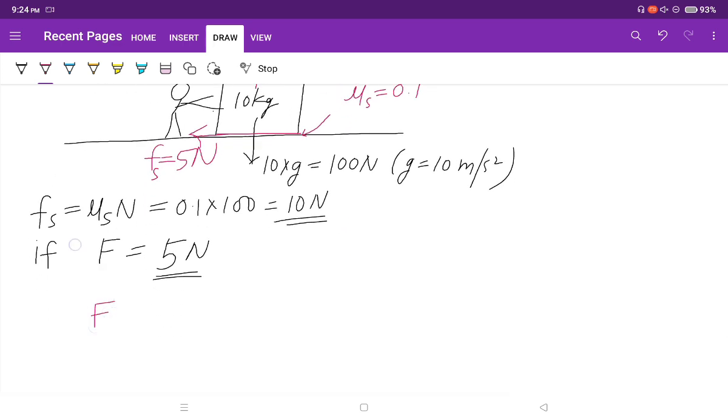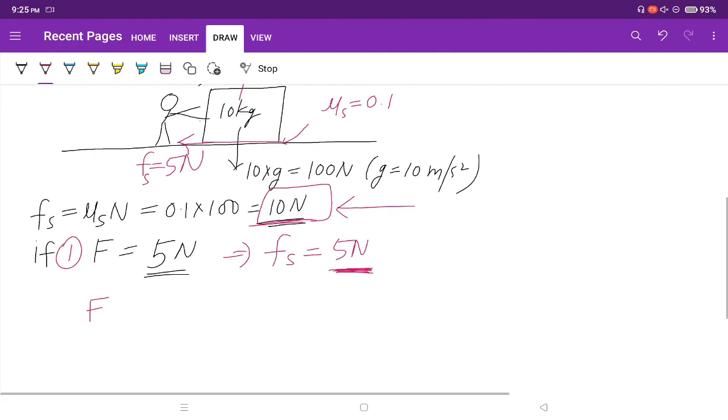Now we have case 1: if F equals 5 newton, it implies Fs equals 5 newton, right? Though the total friction here is 10 newtons, if you push the block with 5 newton, the force of friction in the opposite direction will be 5 newtons only.